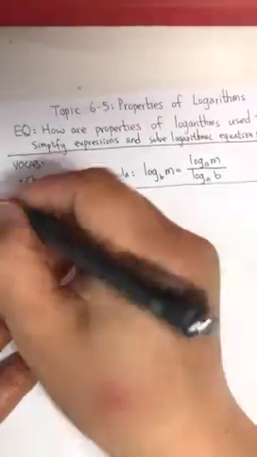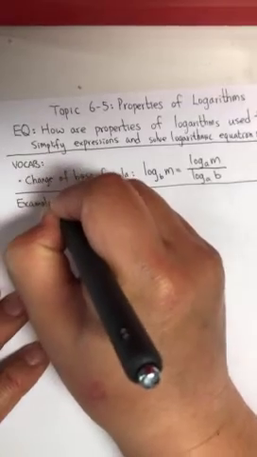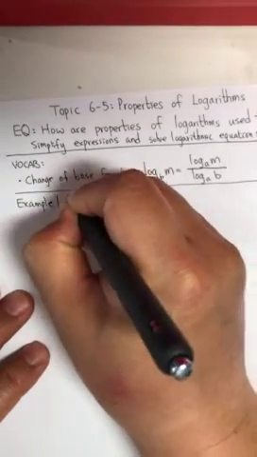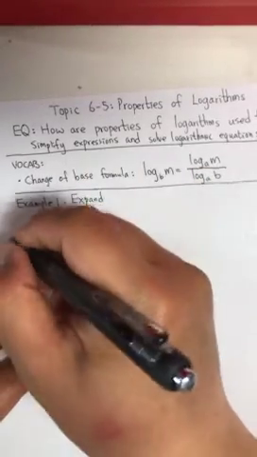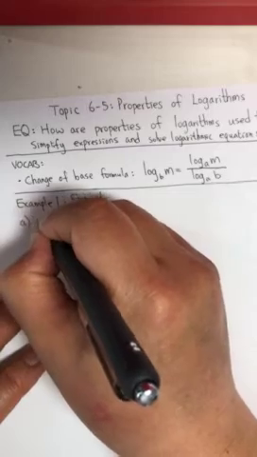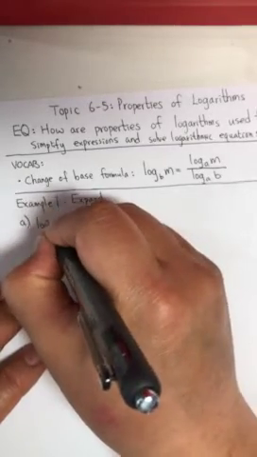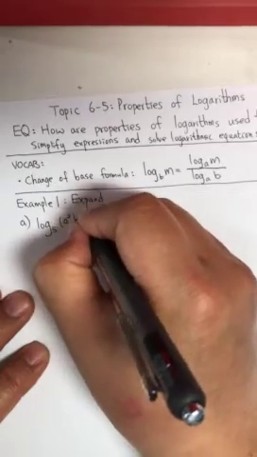So let's take a look at some examples here. First one, we're going to expand. What does it mean by expand? You are given one simple expression and you are going to make it a longer expression. And if you ask me why would I want to do that? Well, sometimes it's beneficial for you to expand the expressions in order to evaluate.